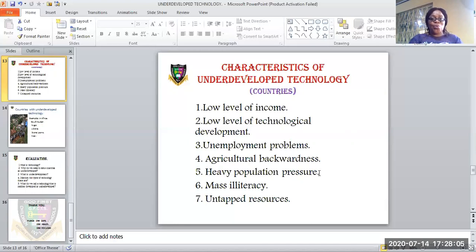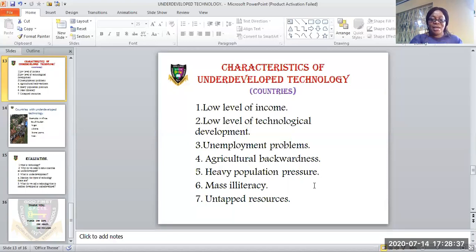Imagine a situation where a house meant for one person is occupied by 20 people. That is population pressure. So that is how it is in those countries. The countries are heavily populated. Too many people in the country.